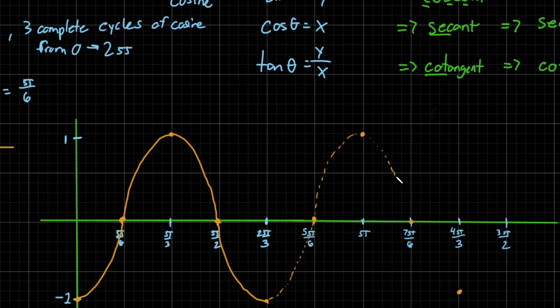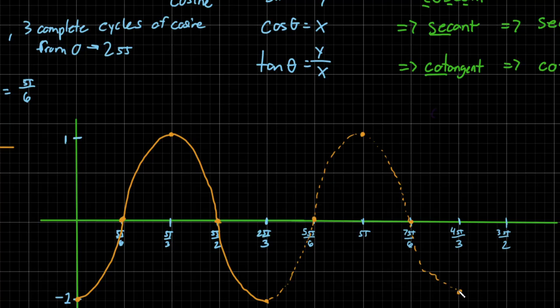Okay, I'm graphing another complete cycle right there. Just end right there for the original function, and then you keep going.